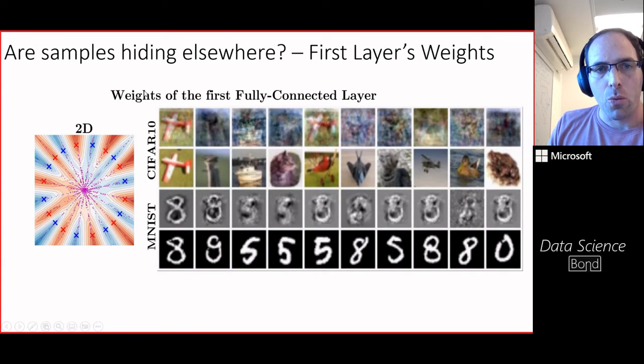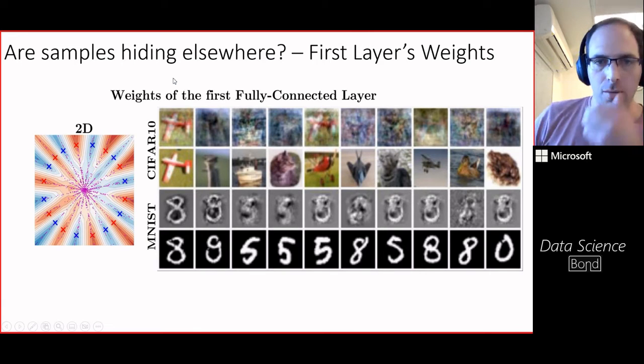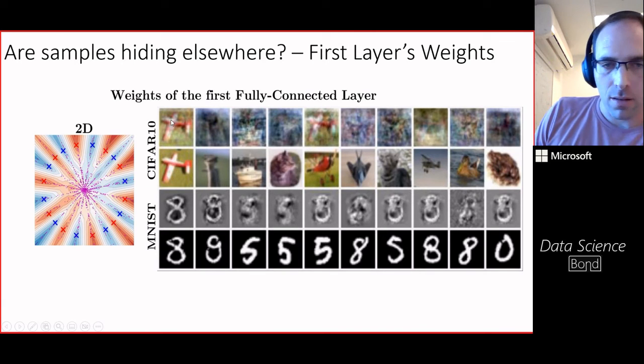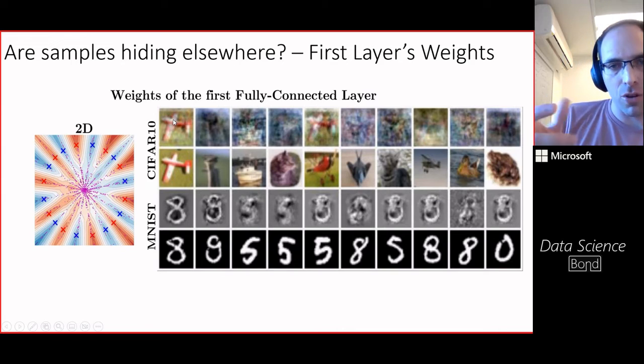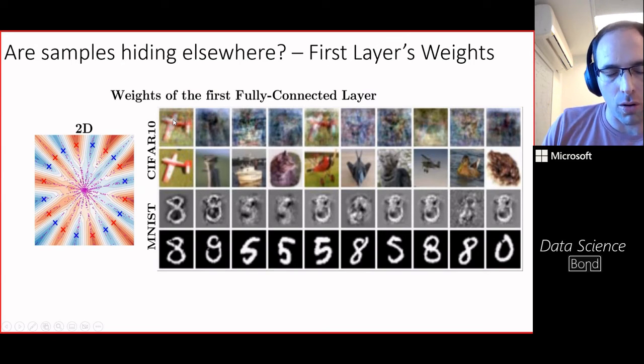This is how the weights of the first fully connected layer look. On the first row, these are vectors, rows from the first fully connected layer reshaped to the shape of an image. You see that it did do something similar to what I told you.